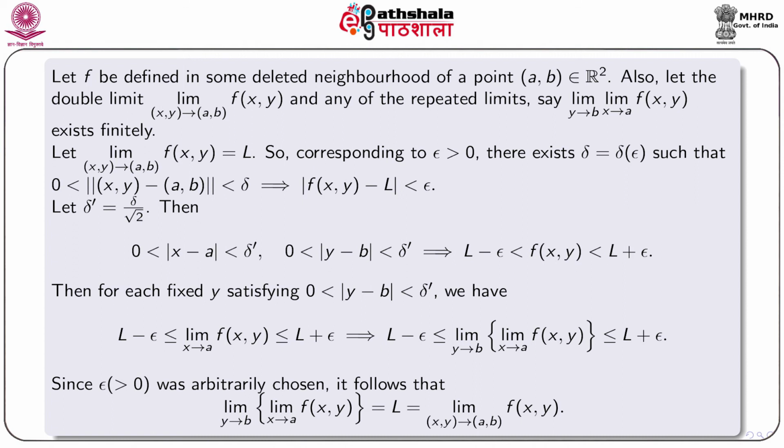L minus epsilon less or equal to limit y tending to b, limit x tending to a of f(x, y) less or equal to L plus epsilon. Since epsilon was arbitrarily chosen, we find that the repeated limit y tending to b, limit x tending to a of f(x, y) exists and equals the double limit L. Similarly, we can prove that the other repeated limit also exists and also is equal to L.